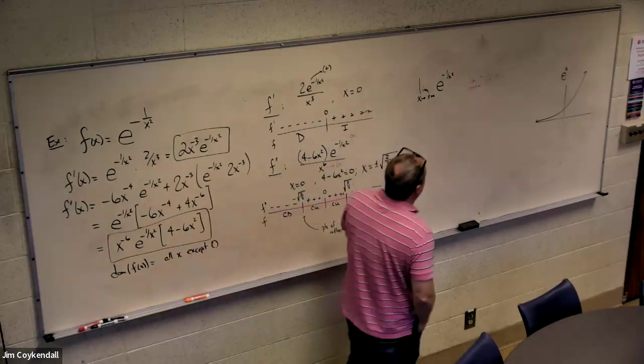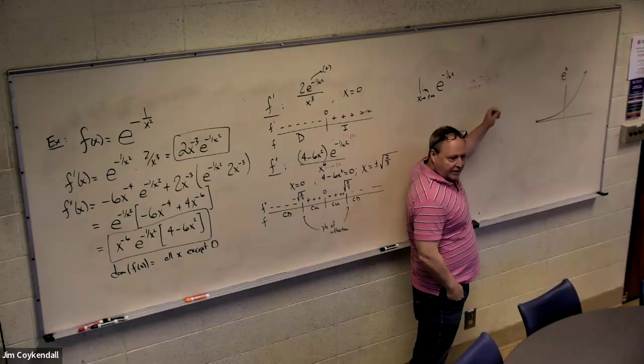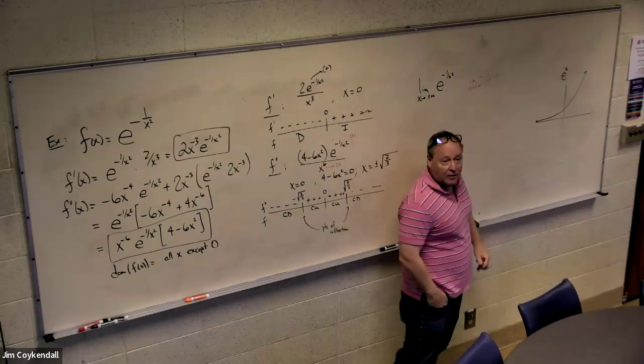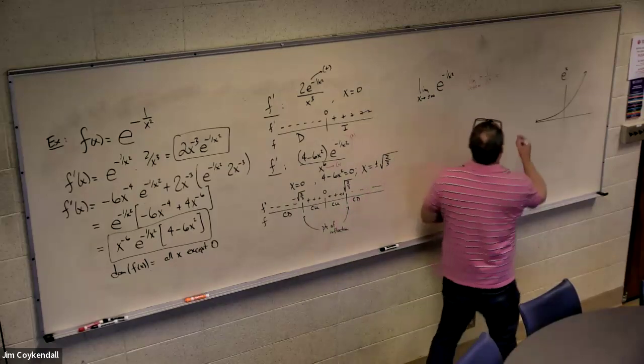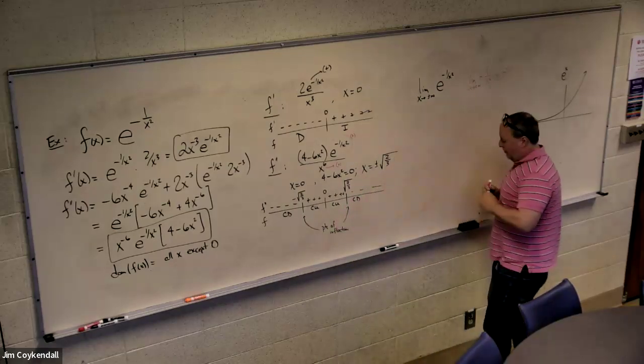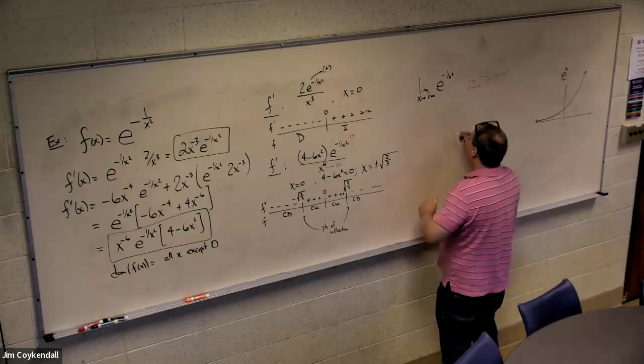What happens to 1 over x squared as x goes to positive or negative infinity? I should say negative 1 over x squared. And what's e to the 0? Good.